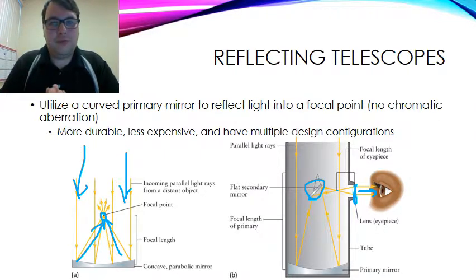Reflecting telescopes do not have that issue. Reflecting telescopes actually reflect light perfectly as it is observed. So a reflecting telescope design, again, is more durable, it is less expensive, and it has no chromatic aberration. That is probably the biggest selling point for astronomers.